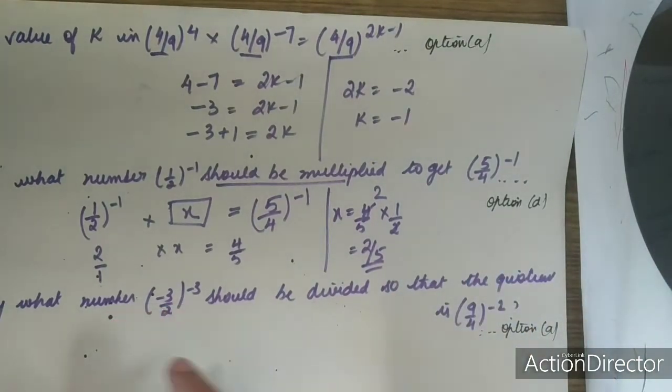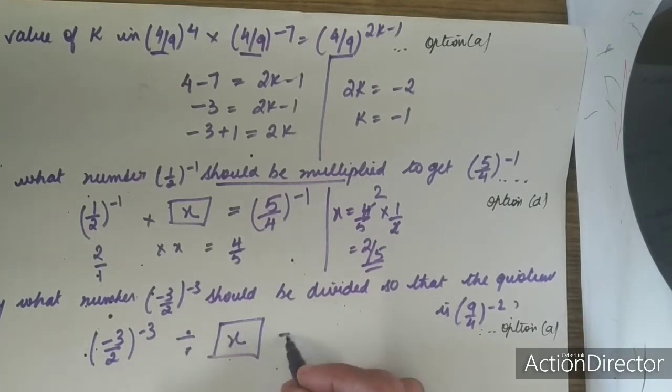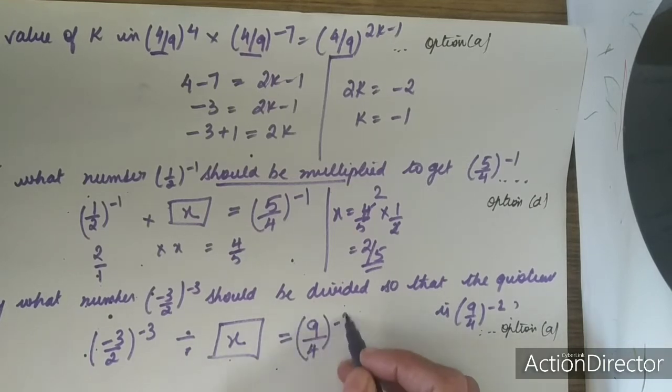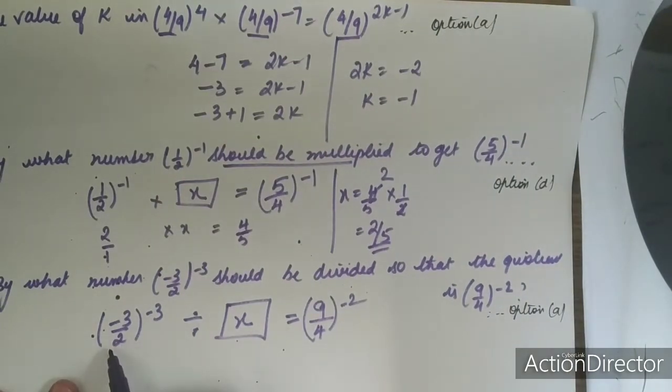By what number (minus 3 upon 2) whole power minus 3 should be divided? So put the division sign and put the box over here, write it x, which is equal to (9 upon 4) whole raised to the power of minus 2. So now make the power positive.